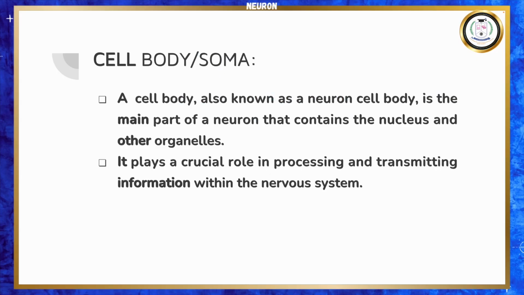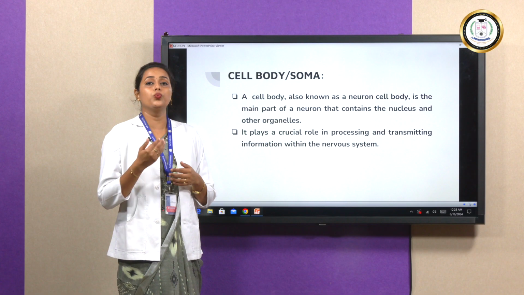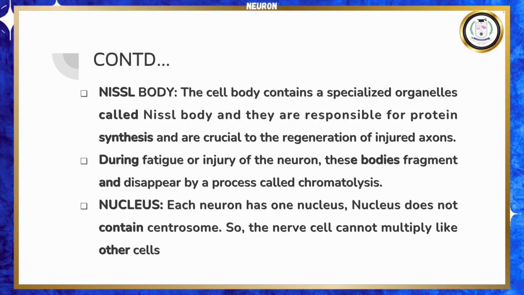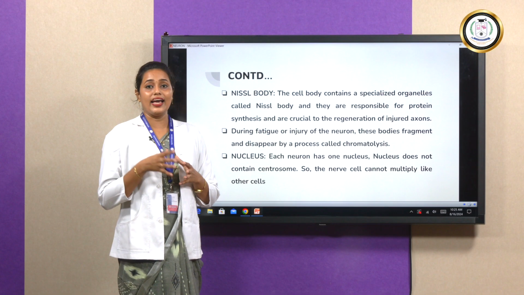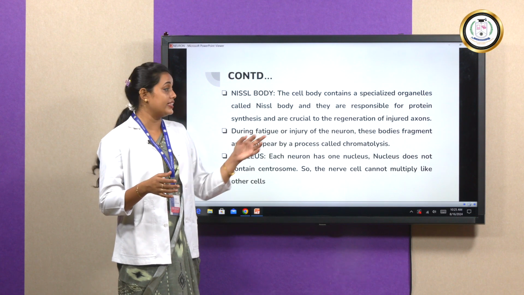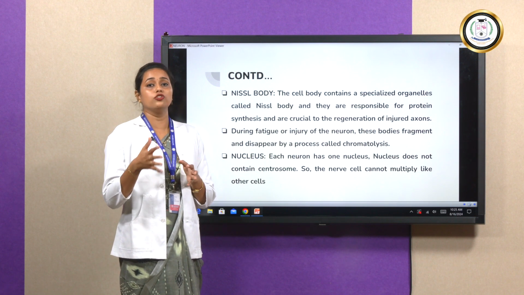The soma plays a very crucial role in both processing and transmitting information within the nervous system. Inside the soma, we have a special type of organelle called the Nissl body. This Nissl body is essential for the synthesis of protein, and it is also very crucial in the regeneration of any injured axon.